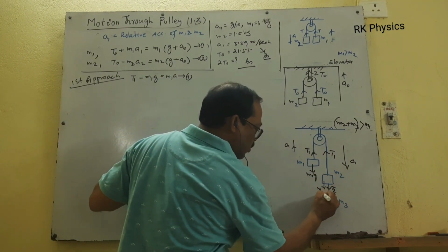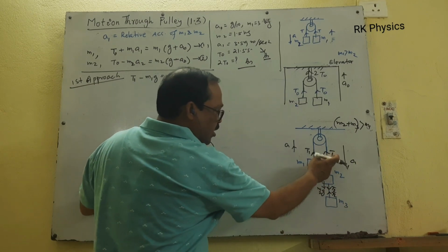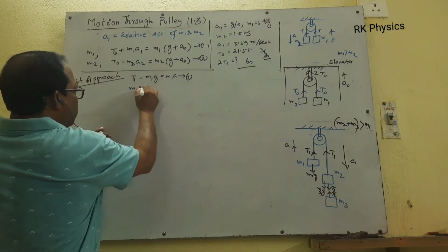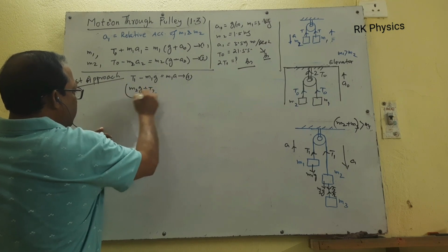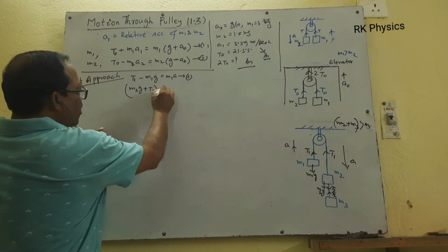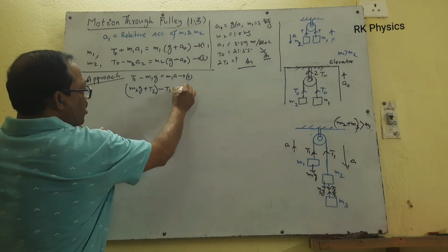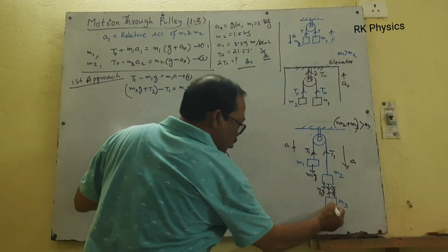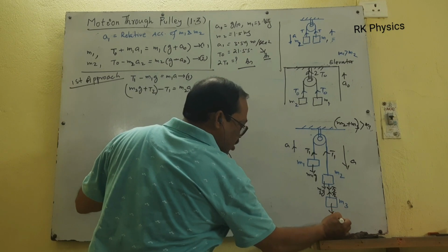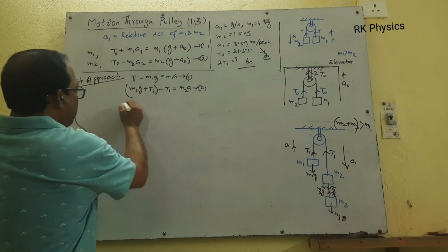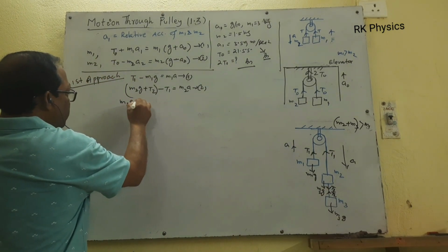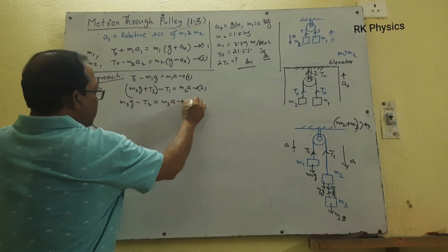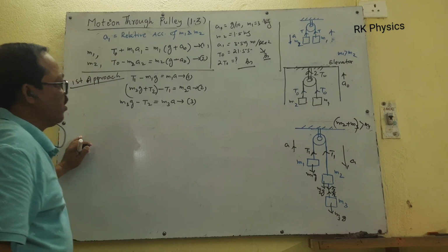M2G is down, T2 is down, T1 is up. The system is moving down, so M2G plus T2 are the forces moving down, and T1 is opposite. So M2G plus T2 minus T1 equals M2A. This is equation 2. Then equation 3: M3G, and the system is moving down, so M3G minus T2 equals M3A. This is equation 3.